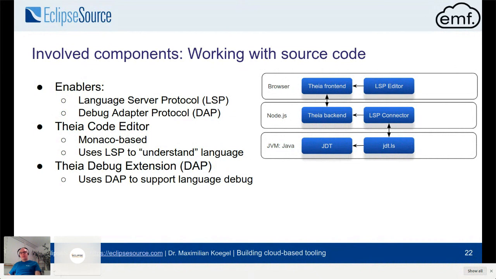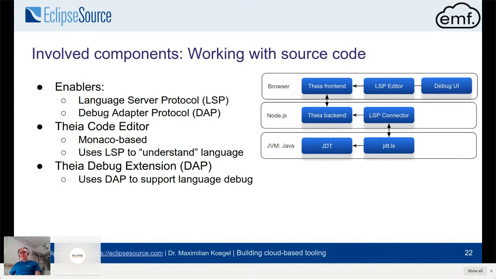In this case, it will launch JDT LS, which is a language server that reuses JDT, the Java development tools of Eclipse. So this is a Java development environment that is run within Eclipse, but in this case it's run headless, and it supports the LSP protocol to be able to serve the editor here.